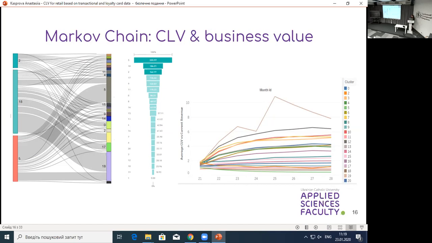And if this trend shows decline, it means that some recommendation toward retention should be applied.